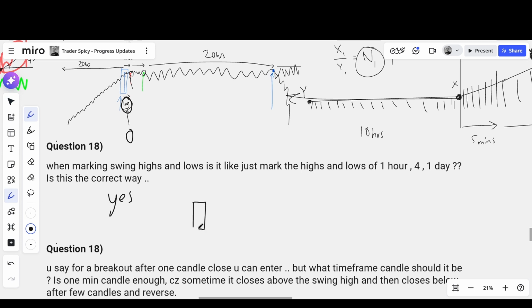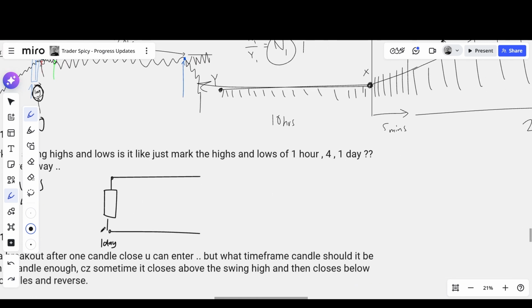Because when we look at the high and low of the previous day, let's say this is the 1 day candle, if we were to zoom in on this previous day's worth of price action, so let's pretend that this is a green candle. Okay, if we were to zoom in on this price action on the 1 minute time frame, this is how it's going to look like.